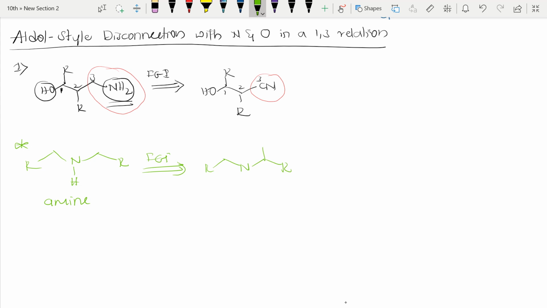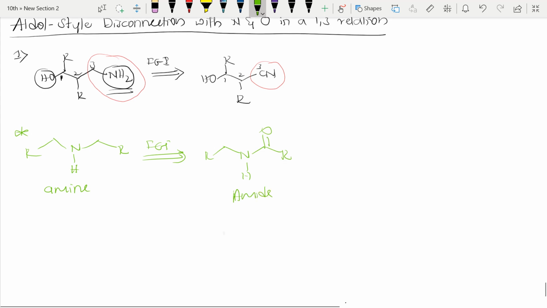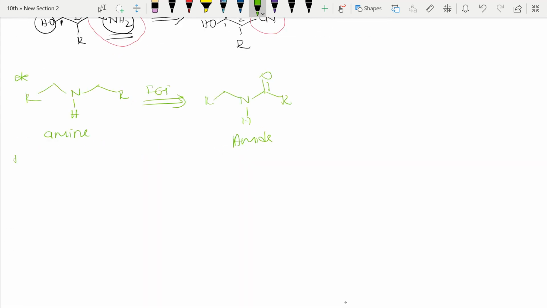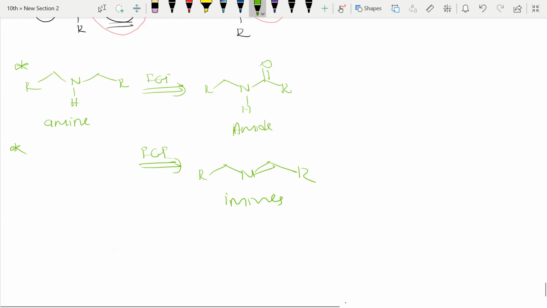Like this I have converted it into an amide. You have seen these reactions, right? Similarly, this same amine I have converted by functional group transformation into imines, like this. You have observed these things, right?